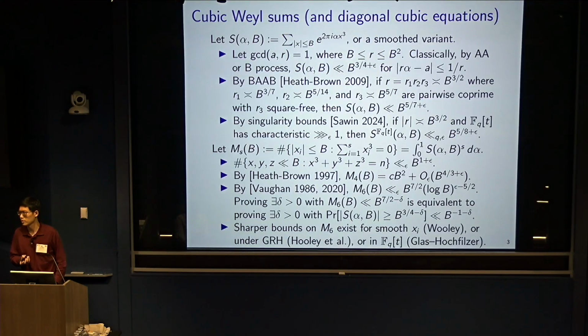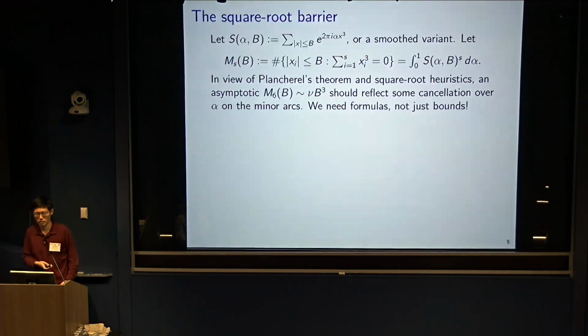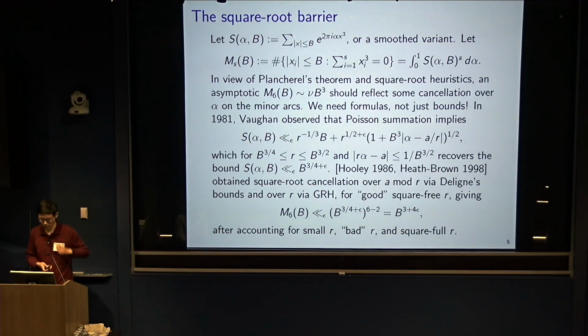This is B to the 1 plus epsilon. Is it you fix one of the variables and use the divisor bound? Yeah. Yeah, but the point is the M6 bound is a much better bound on average. Yeah, thank you.